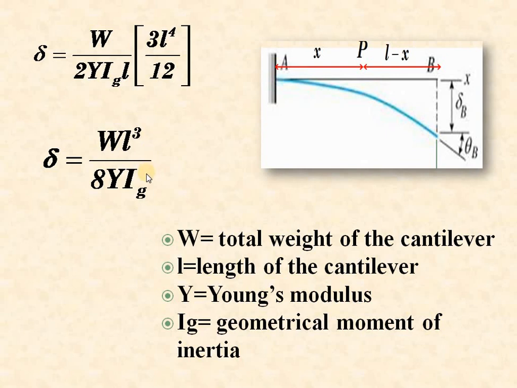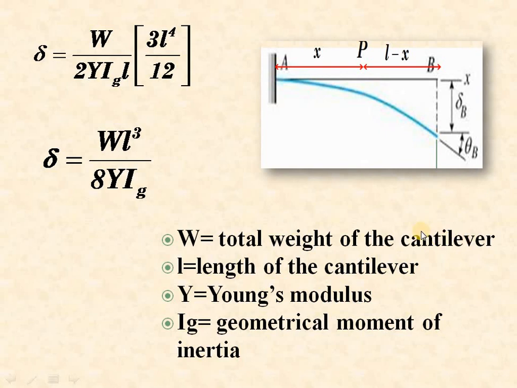So this is the final expression for the depression at the end of a cantilever when it is bent by its own weight, and no additional external weight is there. Okay, this is the derivation. W, what is W? Total weight of the cantilever.